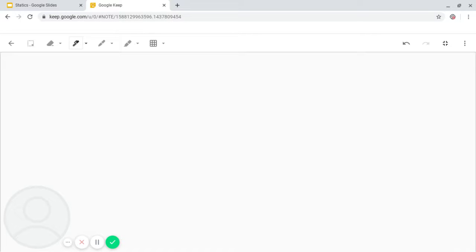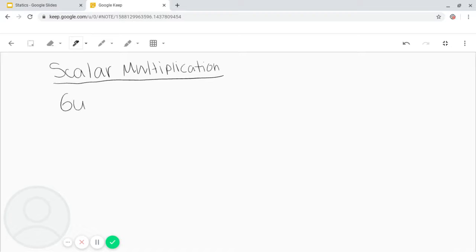So first, we'll look at scalar multiplication. So if we want to evaluate 6u, all we have to do is multiply each of the components of the vectors by 6.